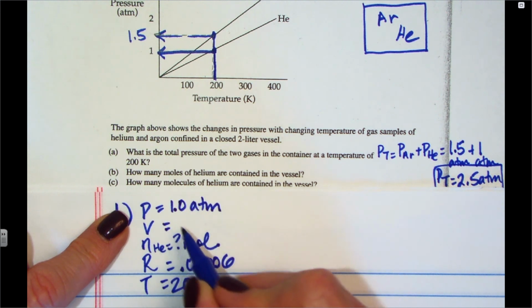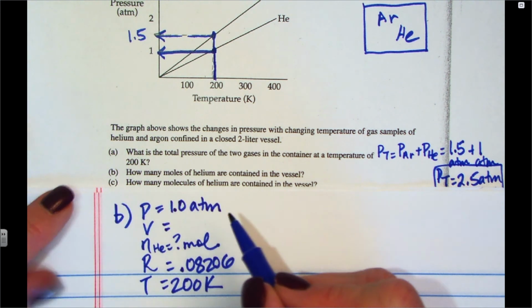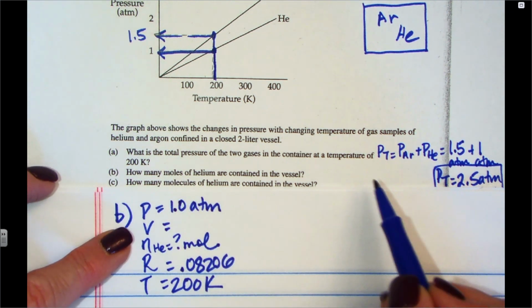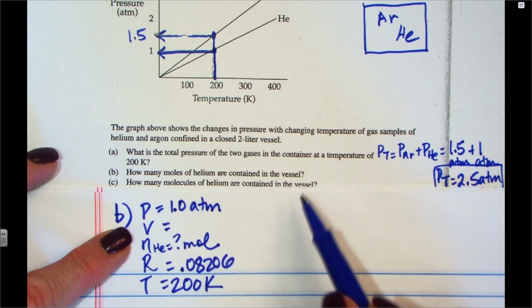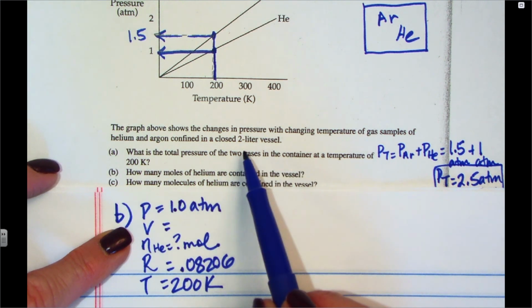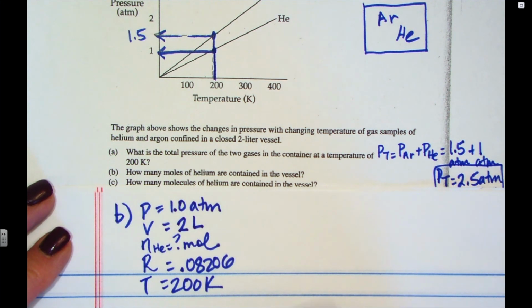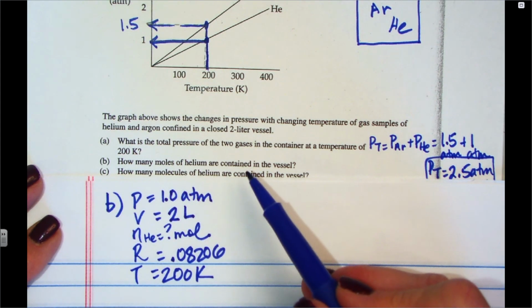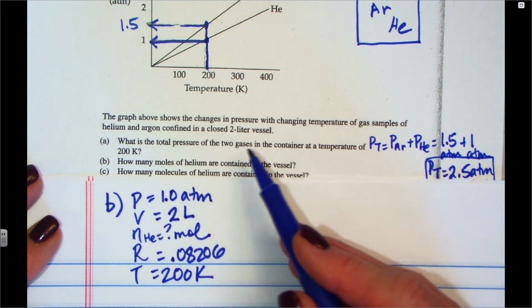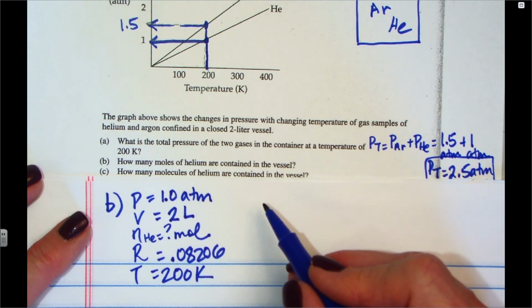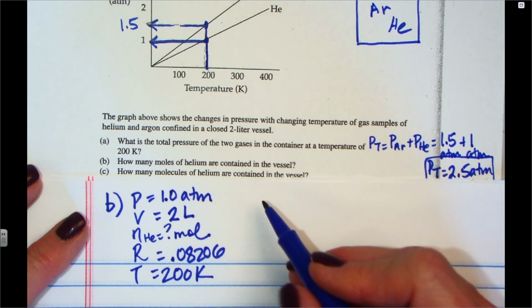They want to know the moles, and so we have everything we need except the volume. And for the volume, they told us that the container was a 2-liter vessel, 2 liters. As far as your sig figs go, they didn't give you definite numbers here, so that's a one sig fig number. I wouldn't worry so much about sig figs on this particular part.